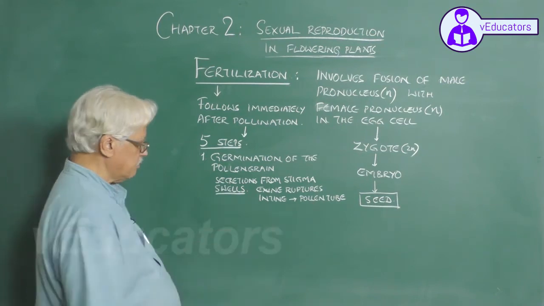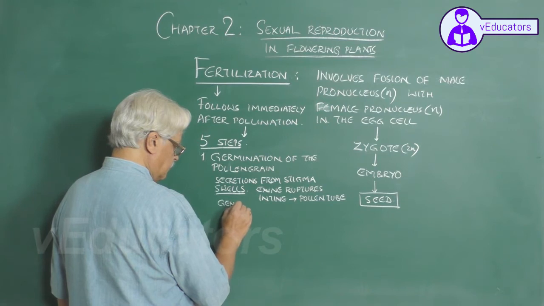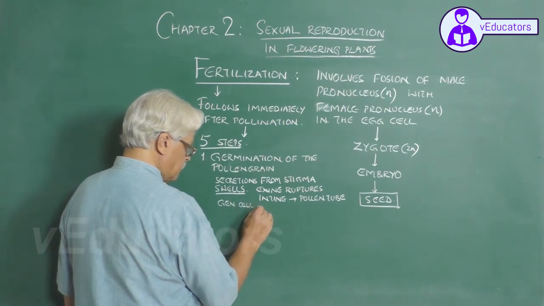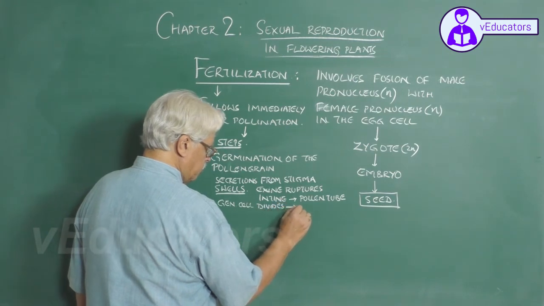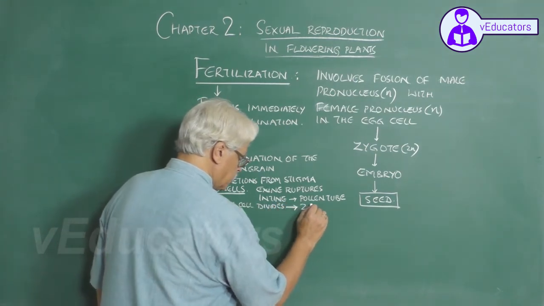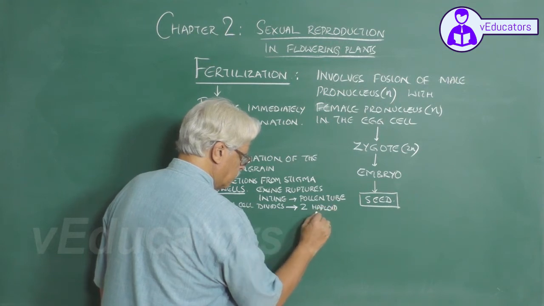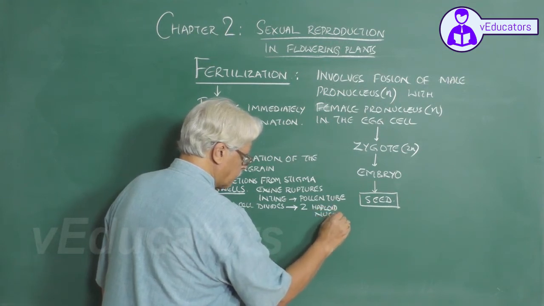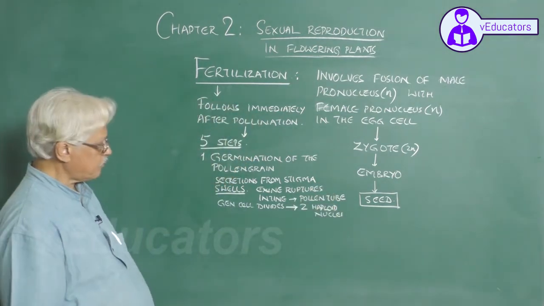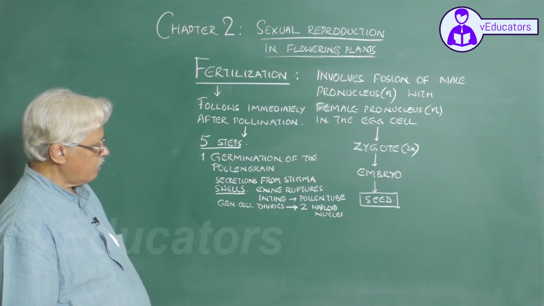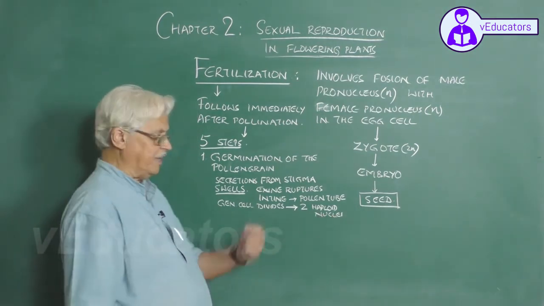In the meantime, the generative cell divides to form 2 haploid nuclei. So at this stage there are 2 haploid nuclei.